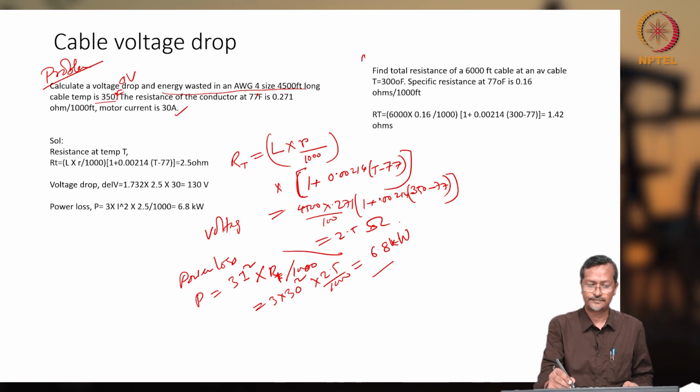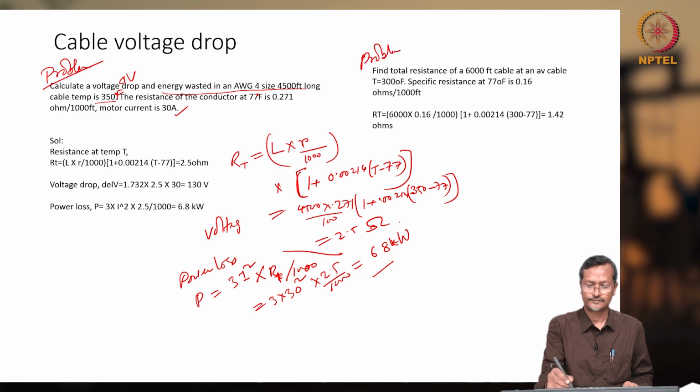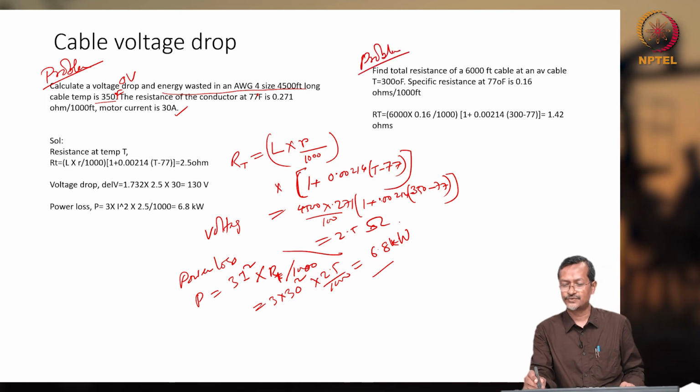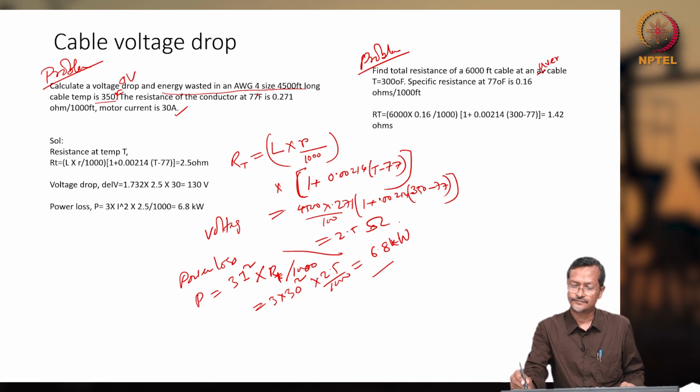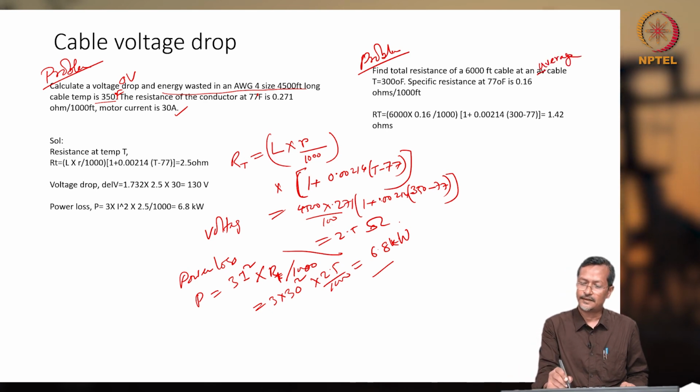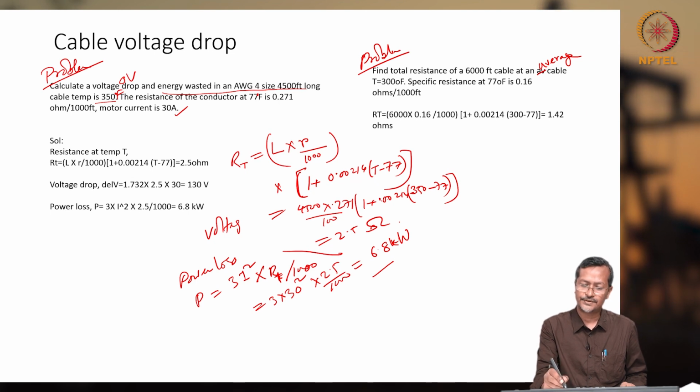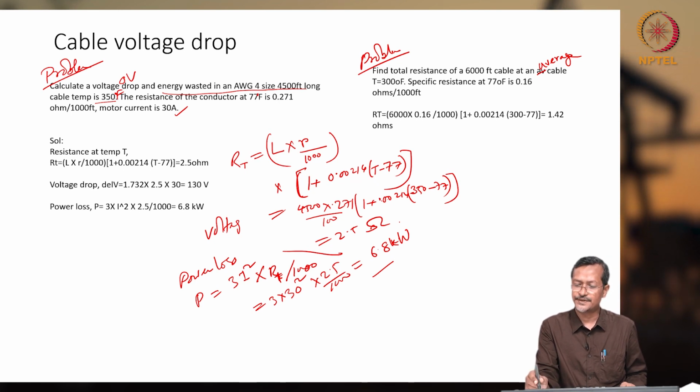So another problem: find the total resistance of a 6000 feet cable at an average cable temperature of 300 degree Fahrenheit, specific resistance at 77 degree Fahrenheit, and R value also given.